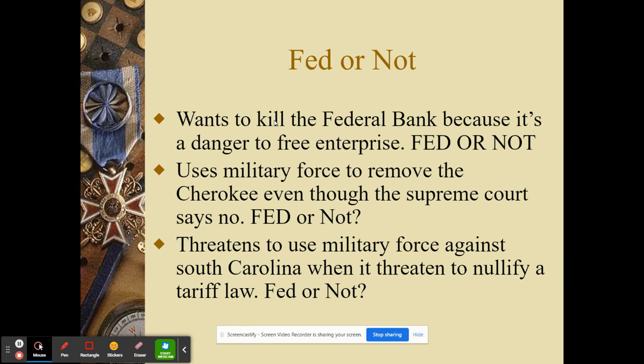So when it comes time to recharter it, he won't. He lets it die, which is an example of anti-federalism. Because he says it's not in the Constitution, it's hurting farmers, so he lets that bank that Hamilton created die. But then the same dude wants the land in Georgia that Cherokees live on.